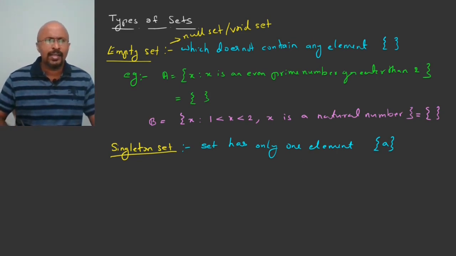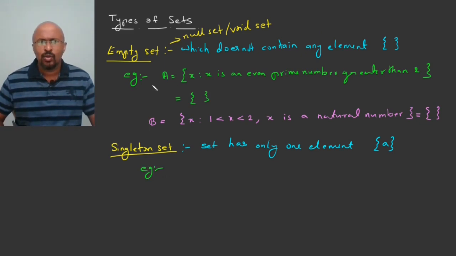Can you write another example of a singleton set? Look at our example here, that is set A is the set of all x such that x is an even prime number greater than 2. Slightly change it so that we will get a singleton set, because we know the only even prime number is 2.